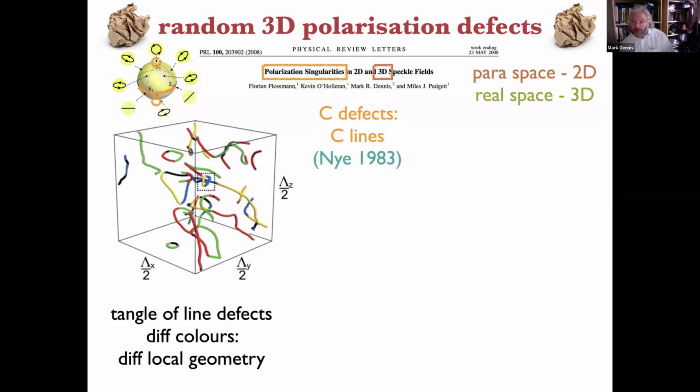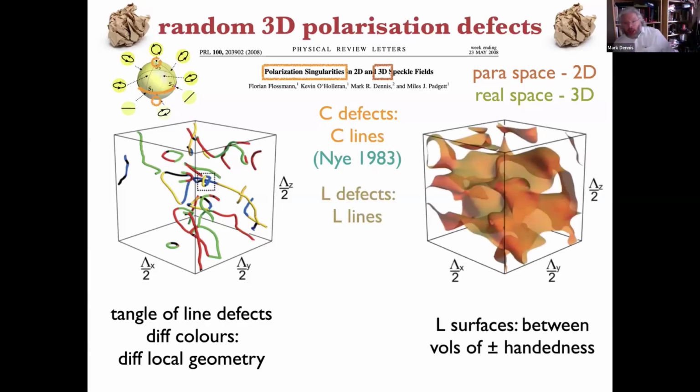The experiment was done by the group of Miles Padgett some time ago now, where we see that the lines of circular polarization here are colored depending upon their C types, lemon, star, monstar, not that that matters right here. And there are also surfaces now separating the volumes of right-handed and left-handed elliptic polarization.